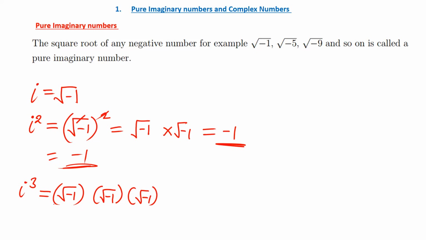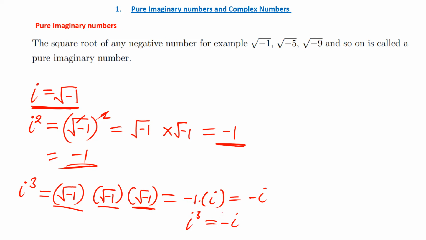Remember we said the square root of -1 times the square root of -1 gives us -1, and the square root of -1 is equal to I. So this is the same as multiplying -1 and I, which gives -I. Hence, I to the power 3 is -I. This is exactly what you're supposed to do.